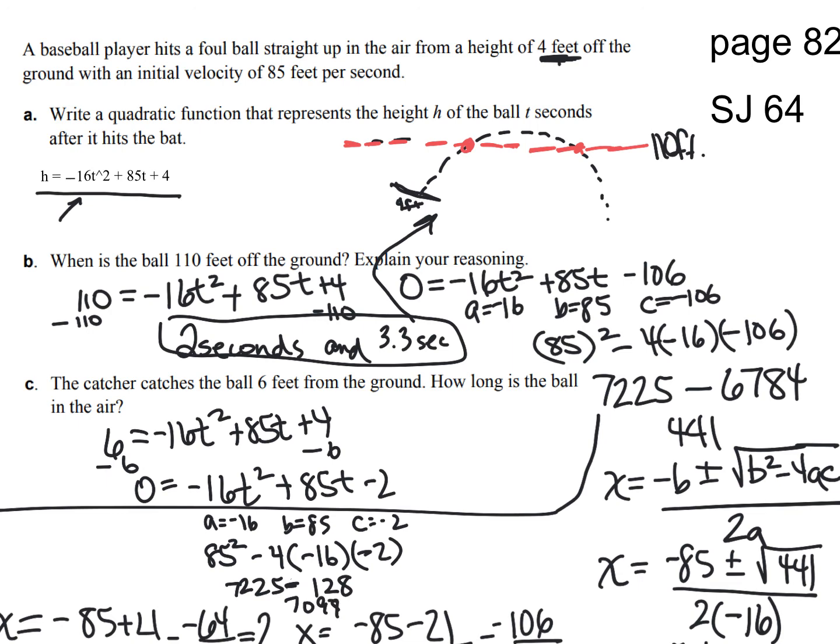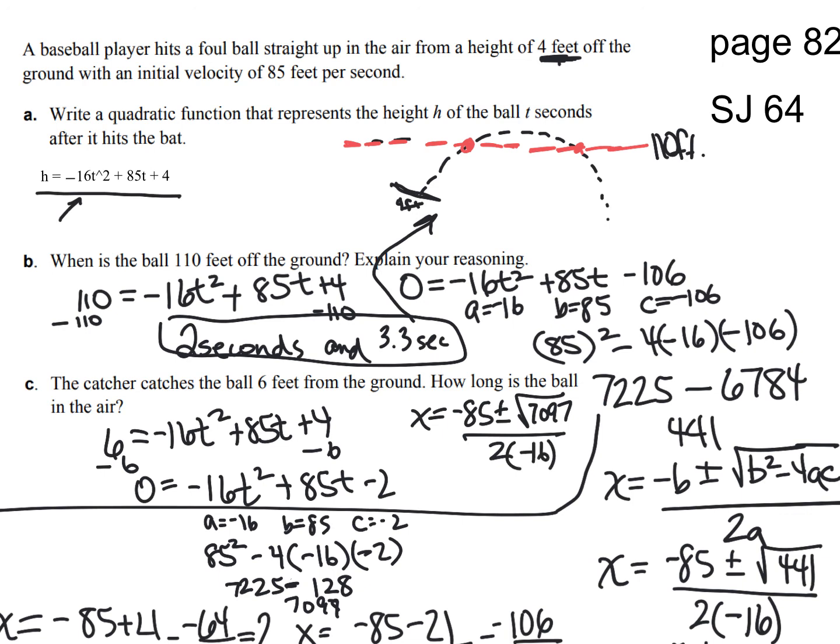Okay, so I'm going to fill in the quadratic formula. Negative b plus or minus the square root of 7,097. I don't think that's a perfect square, but it could be. No, it is not. Divided by 2 times negative 16. I sure did not leave myself enough room.